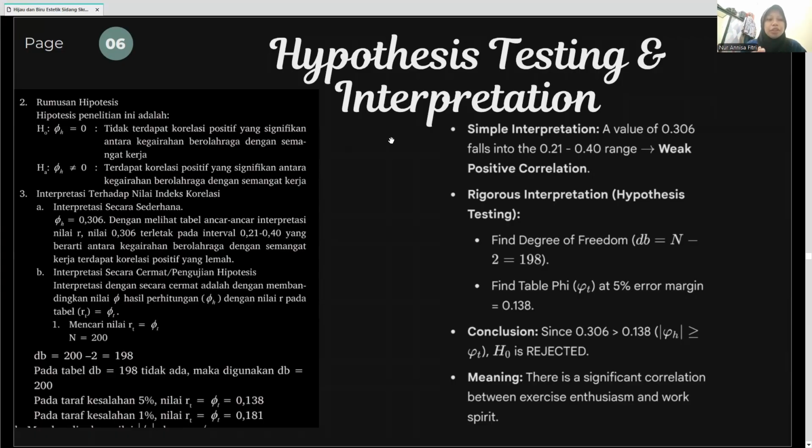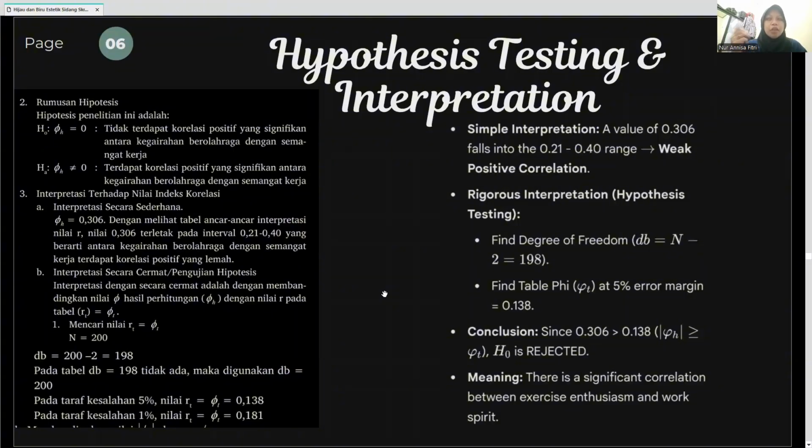However, as researchers, we need to be more scientifically clear. This brings us to the second method, hypothesis testing. To do this, we must compare our calculated P with the standardized table P. First, we should determine our degree of freedom, or DF, which is n minus 2.